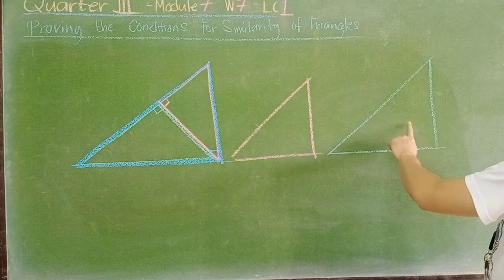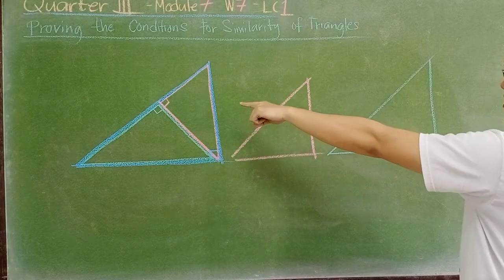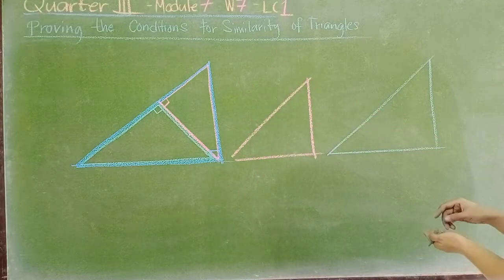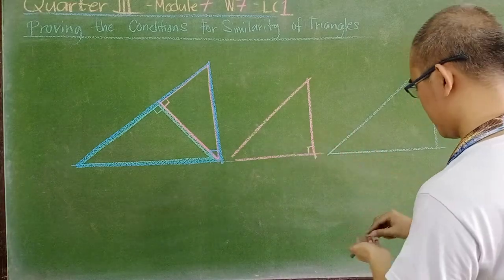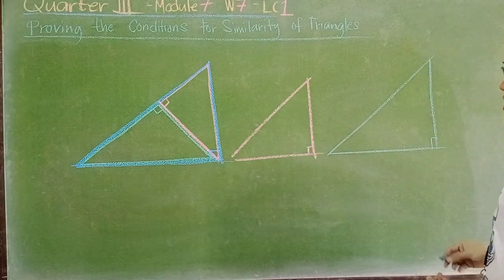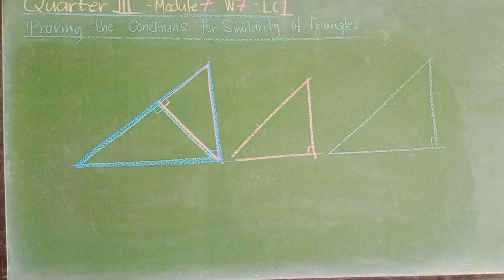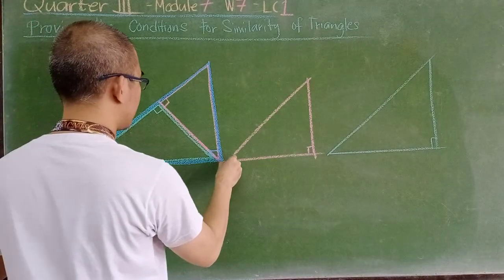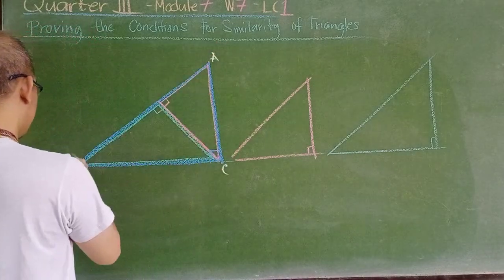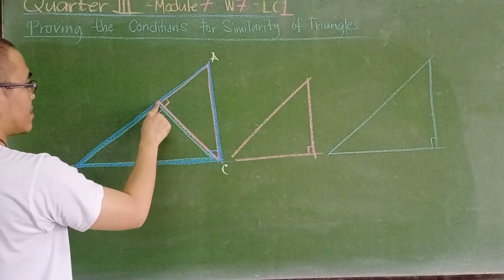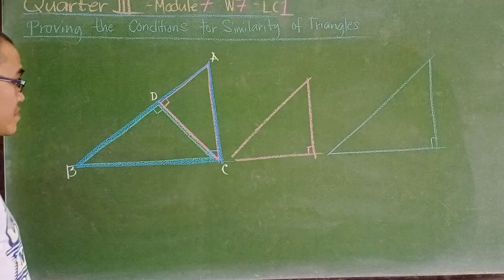So may medium ka, yung kulay green, tapos yung pink, yung pinakamaliit, and then yung kulay blue, which is yung pinakamalaki. So kung lalagyan natin ng mga notations, let's say this is C, this is A, this is B, and then this is letter D.